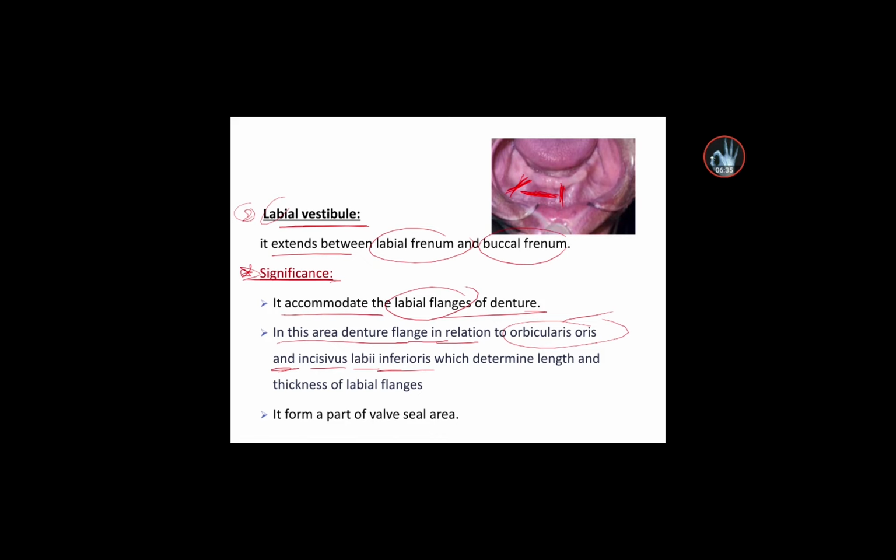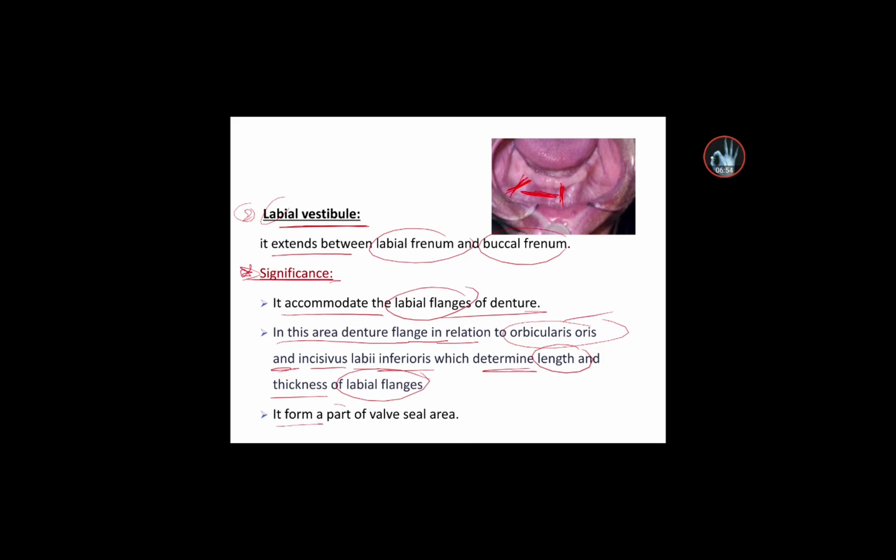هذه عضلتين مع بعض، فيكون المنطقة هذه تتأثر في العضلتين which determine the length and the thickness of the labial flanges. يعني هذول العضلتين أصلا هم اللي يحددوا الثيكنس، سمك الفلانجز تبع الدنشر.